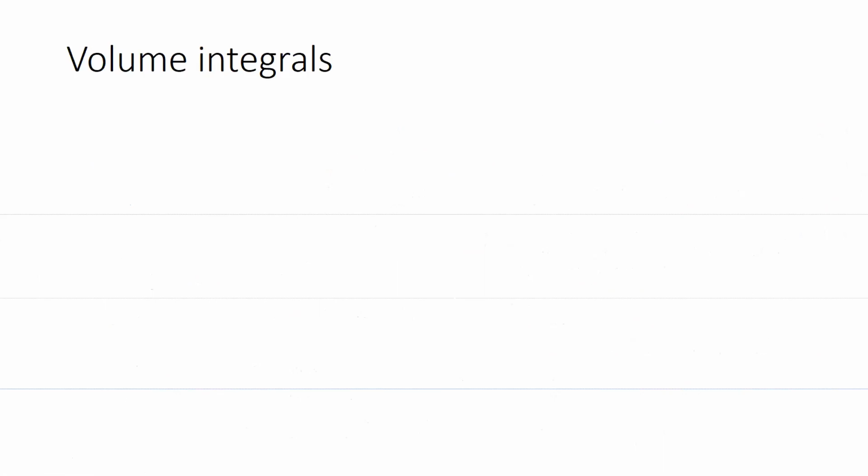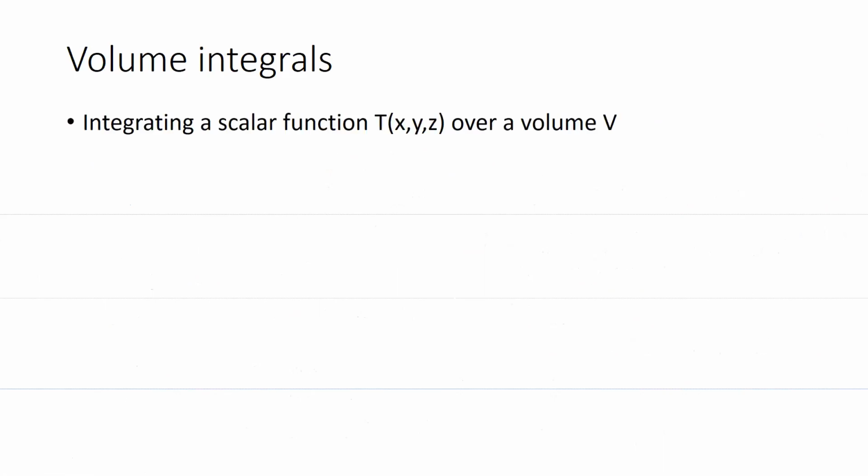Okay, finally, volume integrals. The surface integrals are probably the trickiest. In the volume integral, we're integrating a scalar function t over a volume v, and physical examples of this include the mass.